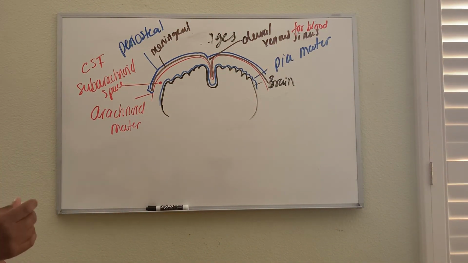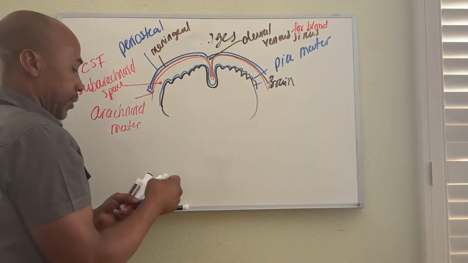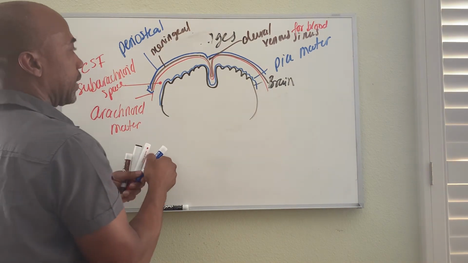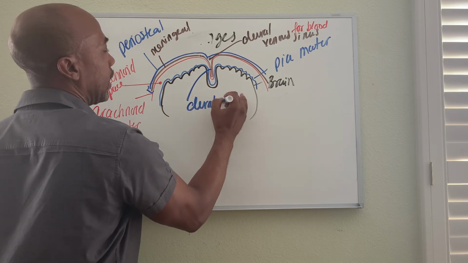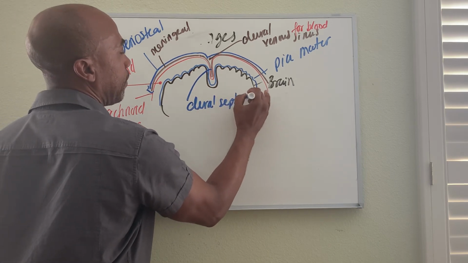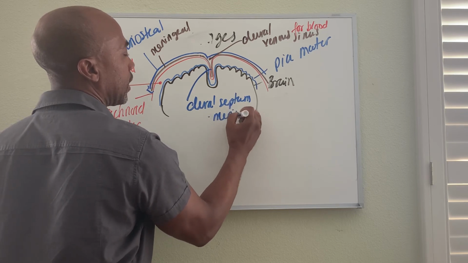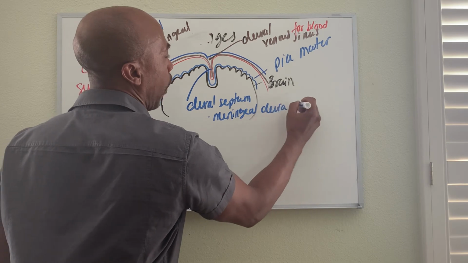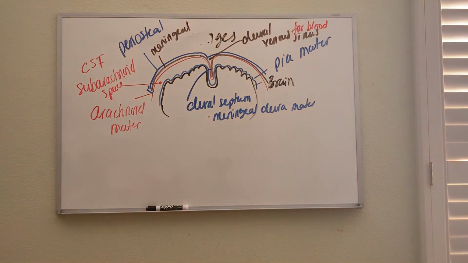And also the areas where the meningeal dura mater goes down into the brain, these things are called dural septa. Okay, these right here. Dural septa or septum are formed by the meningeal dura mater, where it extends down into crevices in the brain.